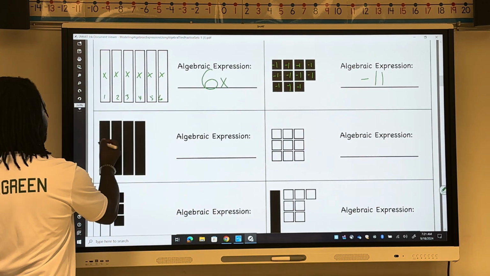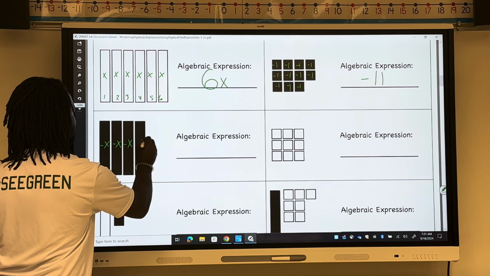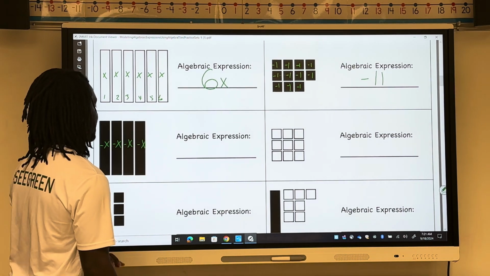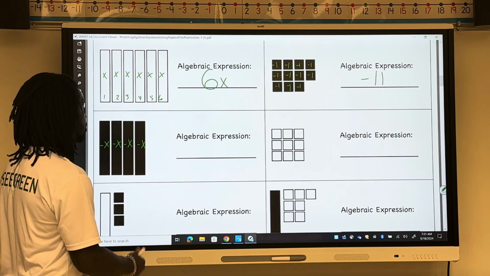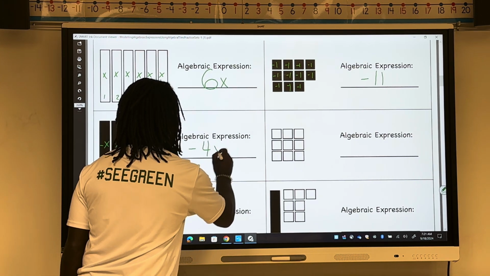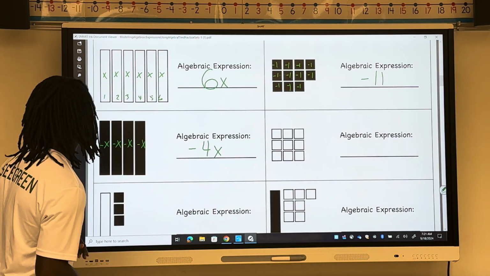Here these represent -X. We have -X, -X, -X, and we have 4 of these, so to write the algebraic expression, it would be -4x. I want to mention something important to understand.